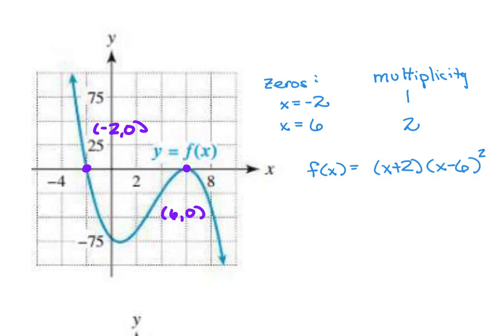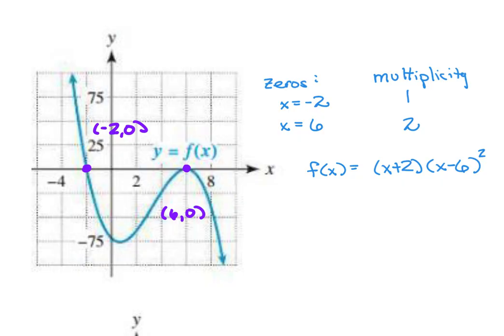The last thing that we want to do is check this function. We're going to leave it like this, but do we have the correct end behavior? Well, let's see what we have here. Let's review some of the things that we've talked about previously. When I look at the degree of this function, the degree is equal to the number of factors.